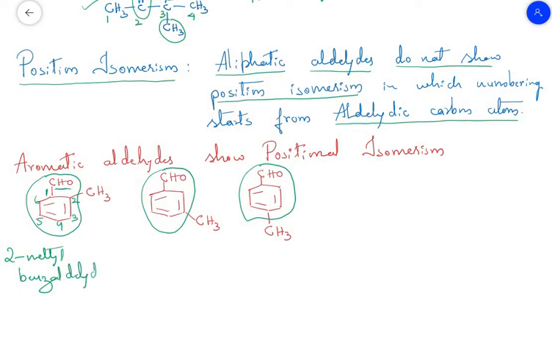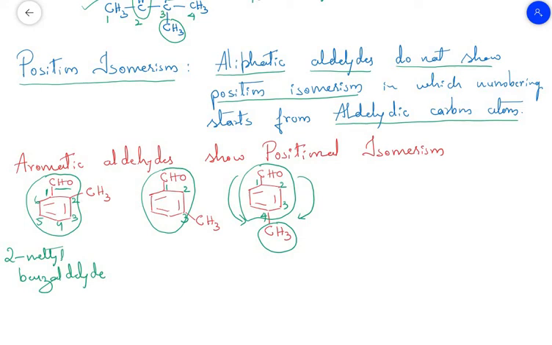And in the second case you can see that the position of the methyl group has been changed. So this becomes 1, this is 2, and this is 3. And in the next example we can see that the methyl group is present at the 4th position. Whether you move in a clockwise direction or in an anti-clockwise direction, this methyl group will have number 4 only.